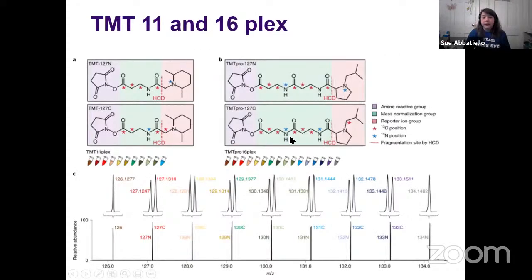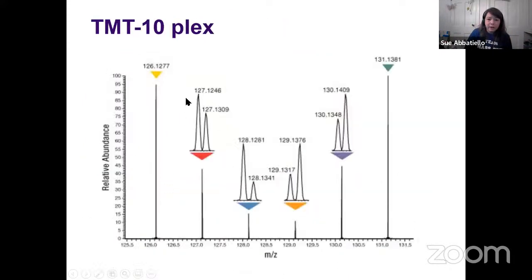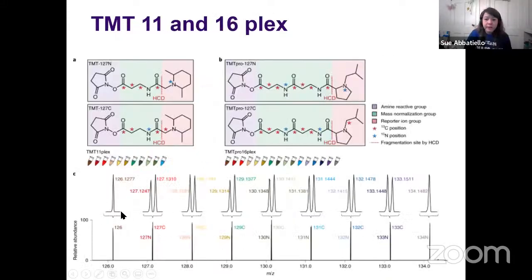Okay, and then for the instruments that can go to higher resolving power, up here, this was showing 4 pairs of reporter ions that are close in m/z, but now Thermo has developed TMT kits with a lot more channels. And so you're able to multiplex more samples all at the same time.